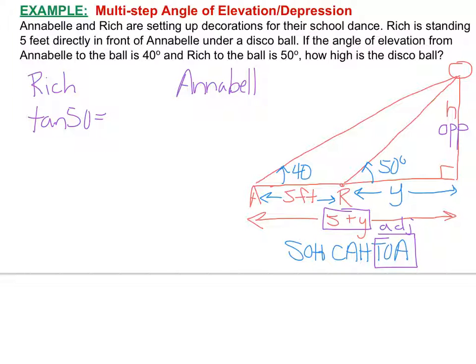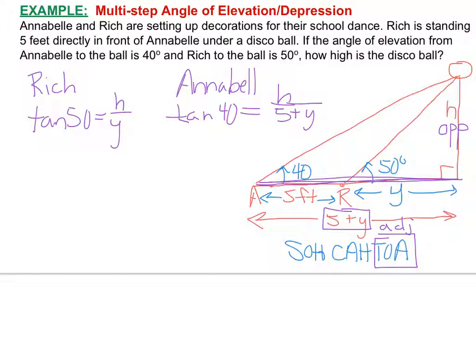And h is his opposite, and y is his adjacent. For Annabelle, we're going to do the same thing, but Annabelle's angle is 40. Her opposite is still h, but the adjacent is that entire length, which is 5 plus y.